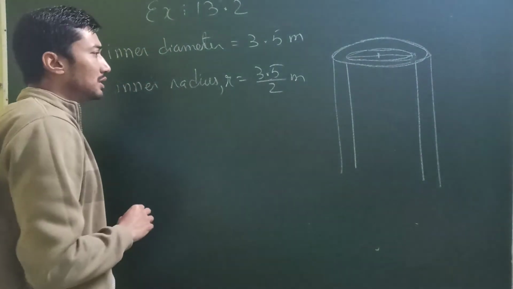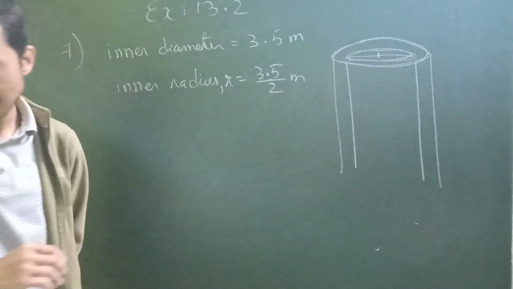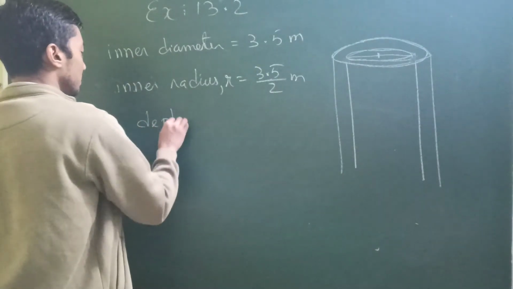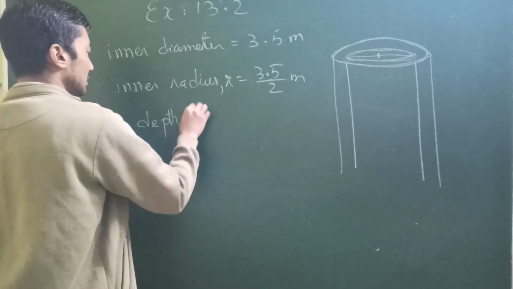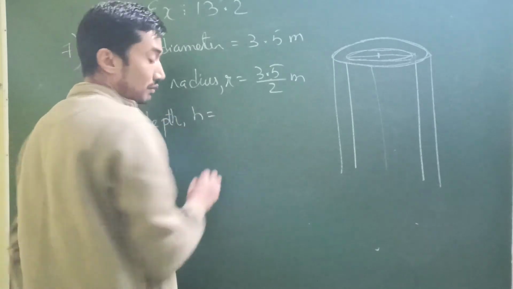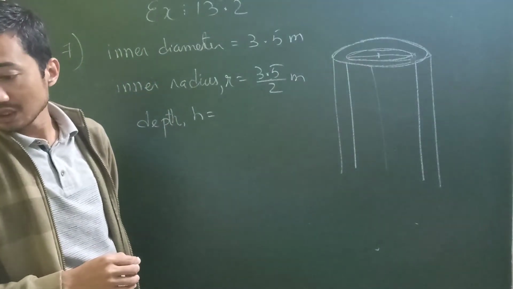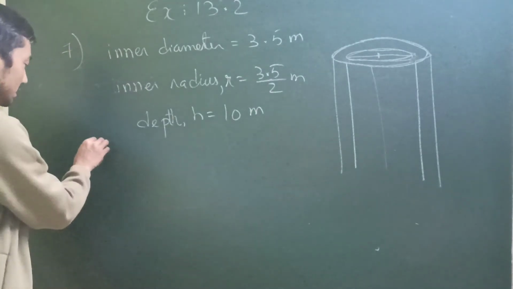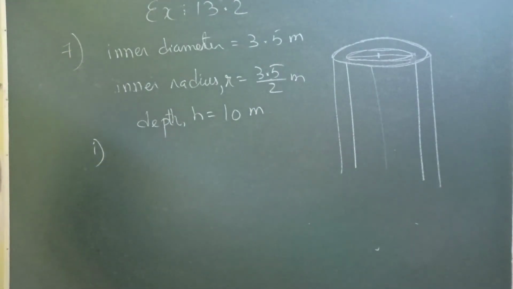While calculating we will simplify. Okay. Depth is also given. Depth of the well. Depth means this one. So that's going to be height of the well is given 10 meter. The first question is find the inner curved surface area.